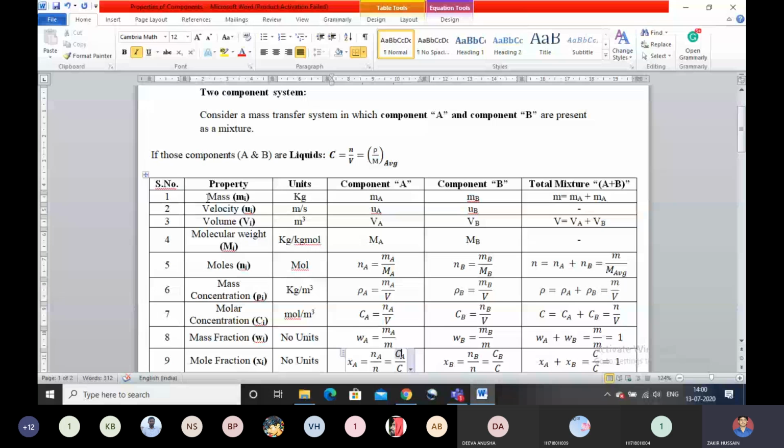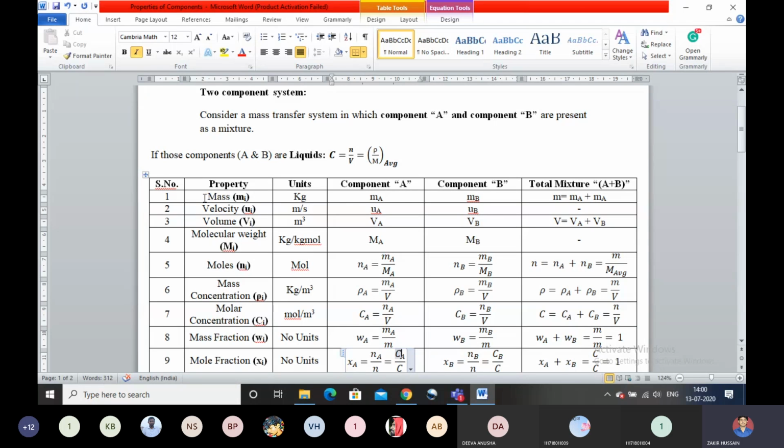The fundamental properties are five types: mass, length, time, temperature, and mole. Whereas pressure and others like molecular weight, these are all derived properties.